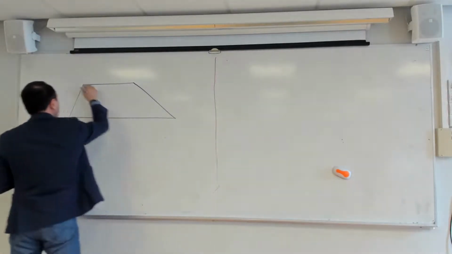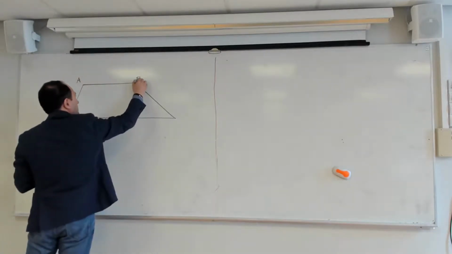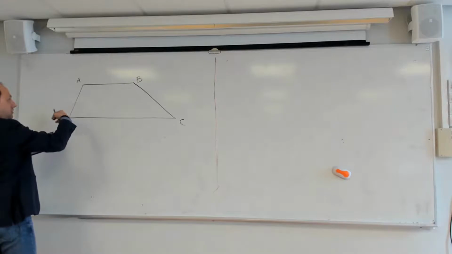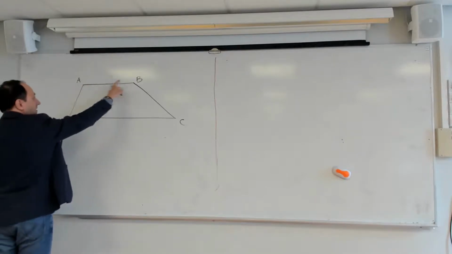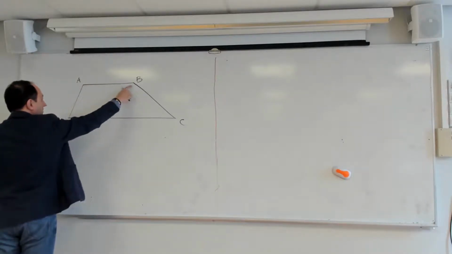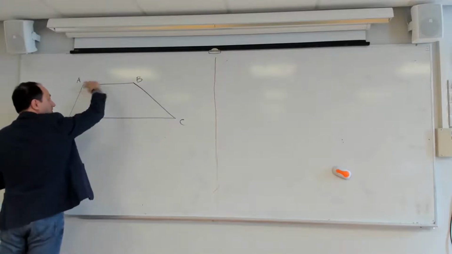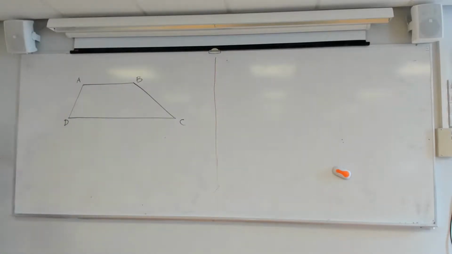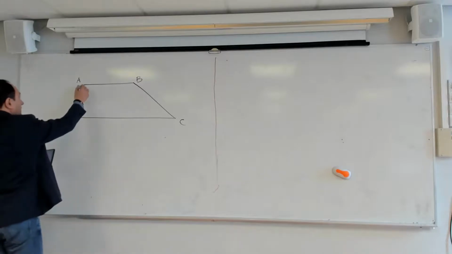So this is the trapezoid we have, A, B, C, D. And by the way, if you read geometry books, if they say A, B, C, D, do not name it randomly. It's a convention. You need to either go clockwise or anti-clockwise. That's up to you, but you need to respect that.